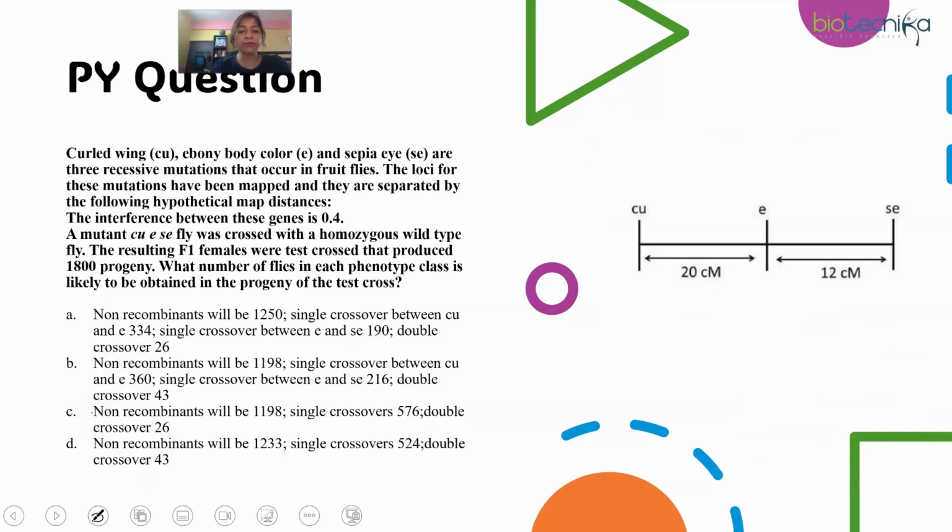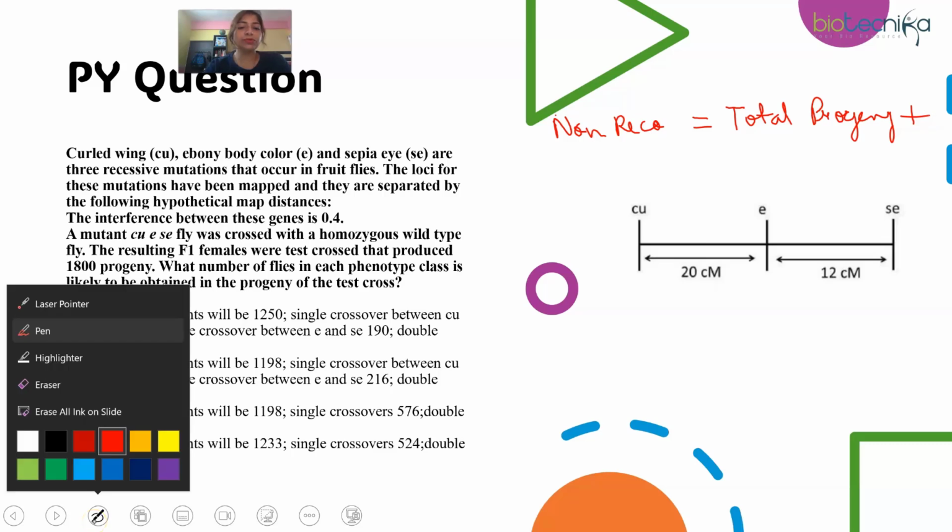So what will be the non-recombinant? Non-recombinant will be total progeny minus recombinants.